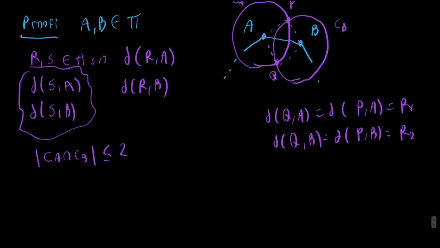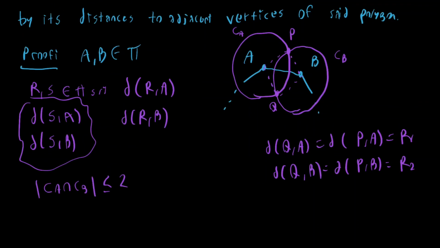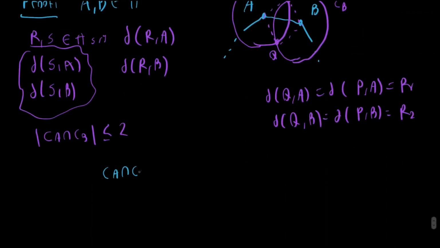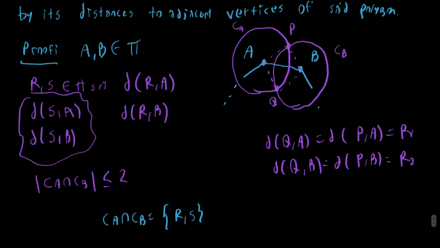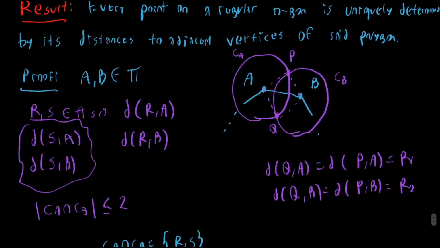If we suppose that there are two elements, they are R and S. So we can say that the intersection of CA and CB is precisely R and S. But from the picture we made here, and from properties of intersections of circumferences, we see that this couple of points which have the same distance to this pair of adjacent vertices lie on opposite sides of the edge formed by these two vertices.